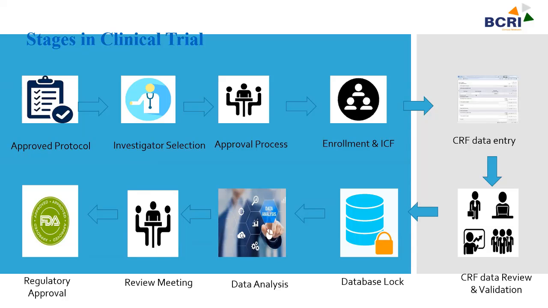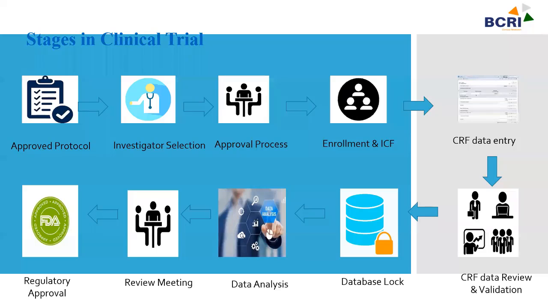Once the test is done, the data will get entered into an electronic document known as a CRF. We will come to know what a CRF is in the next slide. Then we will have to review the data present in the CRF and make sure that everything is validated. We will have to lock the database and submit it for data analysis.